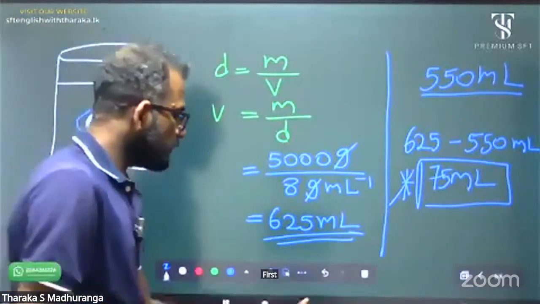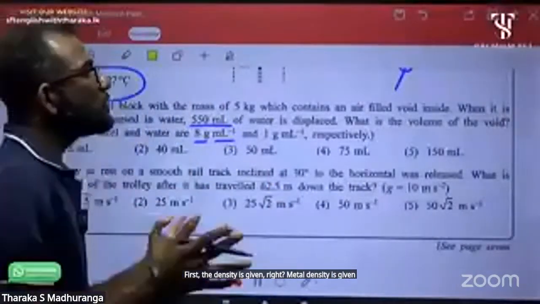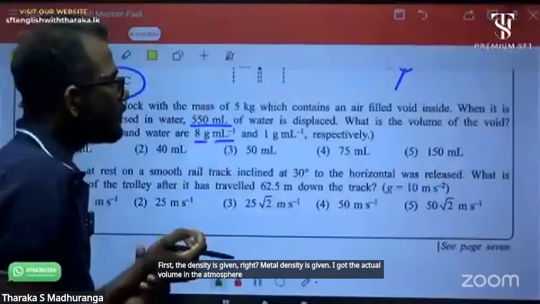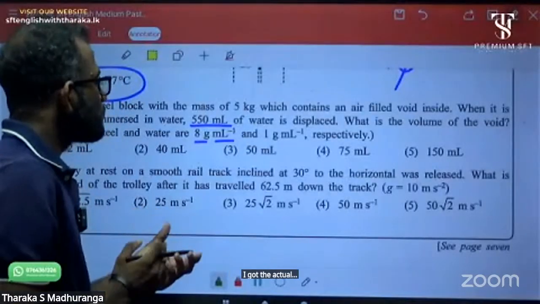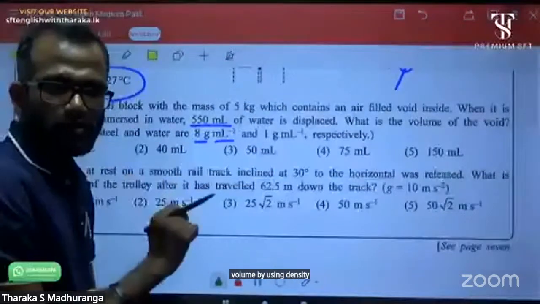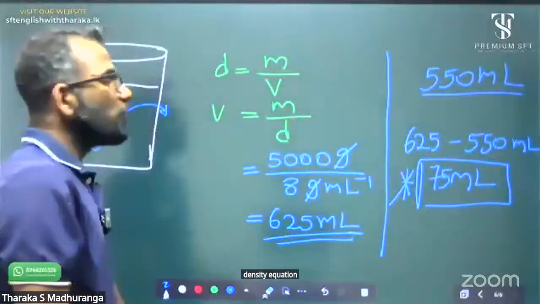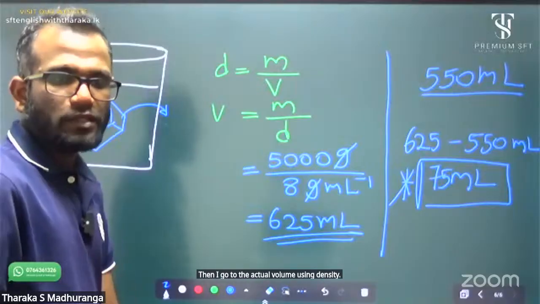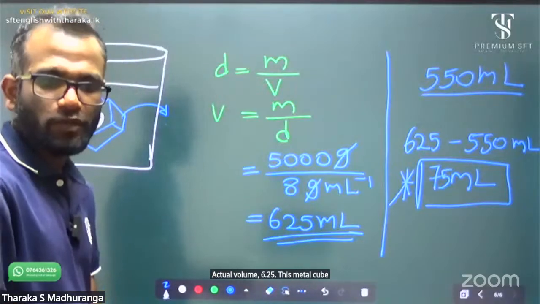First, the density is given, right? Metal density is given. I got the actual volume in the atmosphere, before it was submerged in water, by using the density equation, mass over volume. The actual volume of this metal cube is 625.